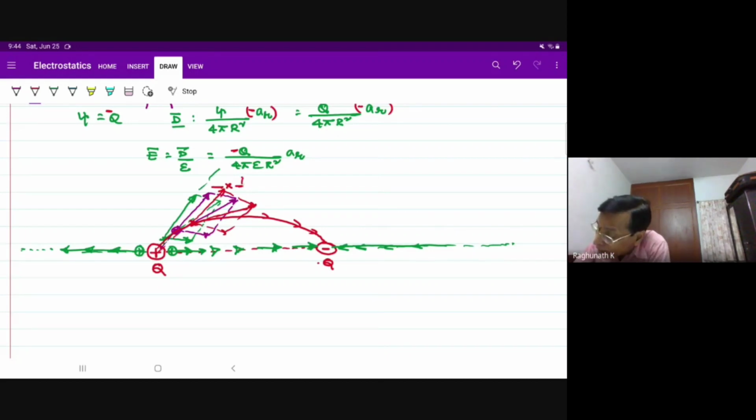Definitely on the line which is the perpendicular bisector of the line joining these two charges, you can directly say whatever the force with which this repels will be same as the force with which it attracts, it gets attracted towards the negative charge.